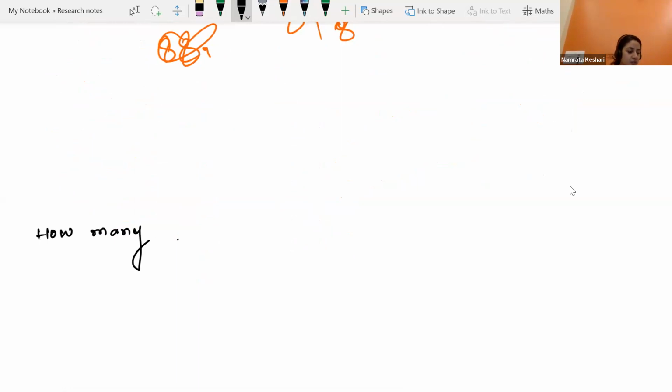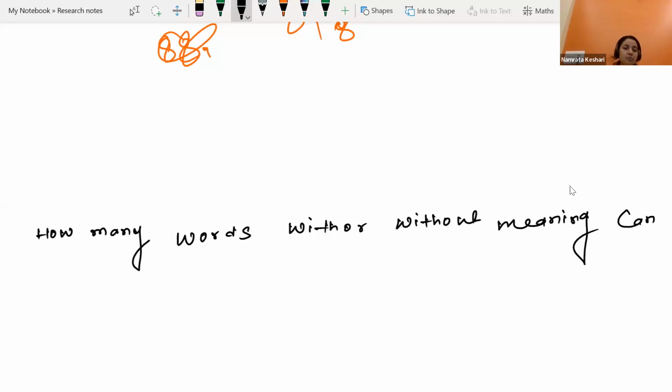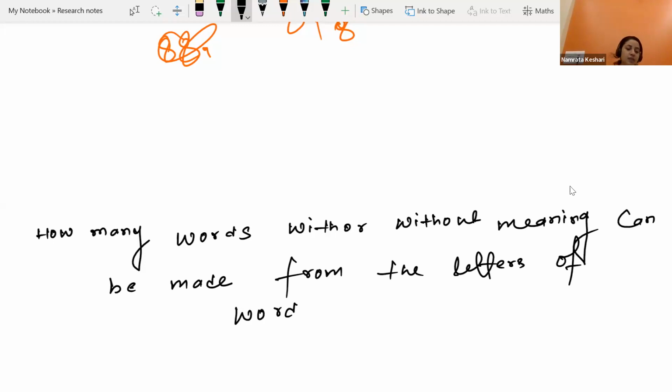How many words, with or without meaning, can be made from the letters of the word, repetition not allowed.